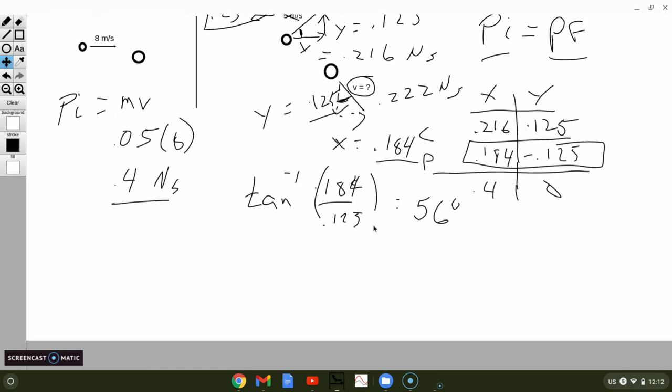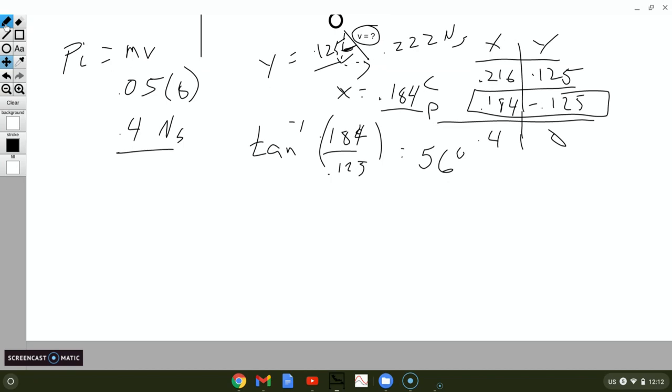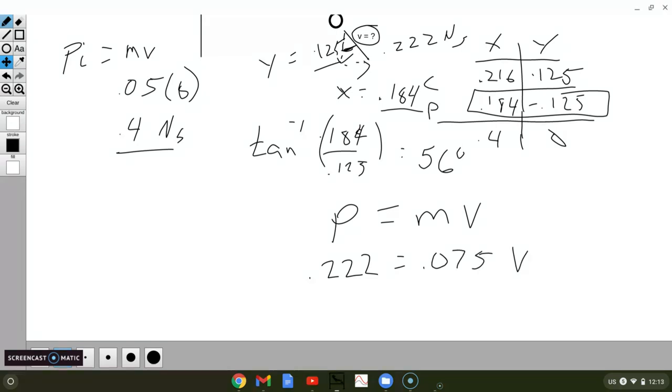Now, if I want to find the velocity, well, that's simple. That's just mass times velocity. The momentum is 0.222. I know the mass is 75 grams, which is 0.075 kilograms, times the velocity. And so what we get is 0.222 divided by 0.075, and the velocity comes out to be 2.96. Now, that'd be meters per second.